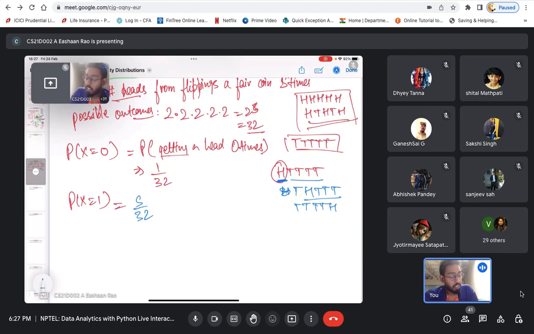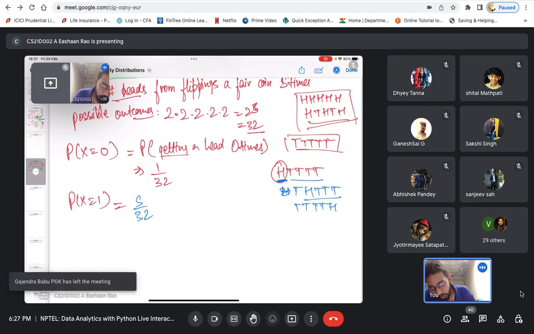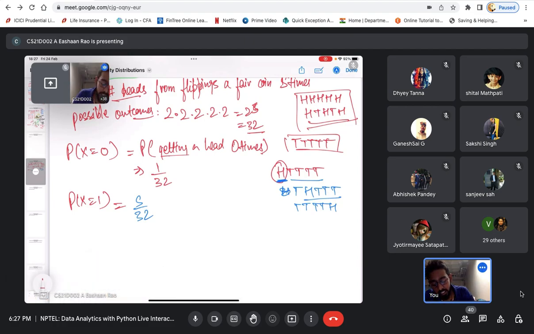Now, for a small example like this, doing it manually makes sense, but if you increase 5 times to maybe 100 times or more, it usually doesn't make sense to calculate it in a manual fashion. So what they provide is combinatorics. Combinatorics means we will use the concept of combination and permutation here.